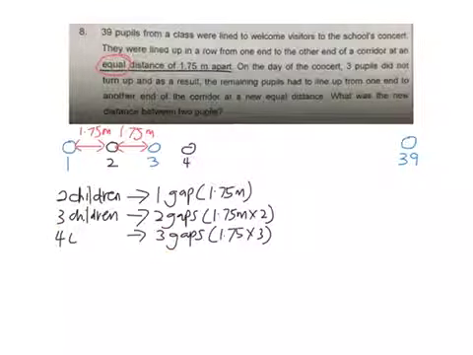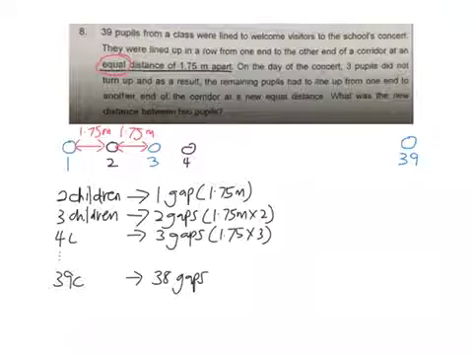What if I have 39 children? How many gaps would there be? I hope you got 38 gaps. And to find the distance for 38 gaps, it would be 1.75 meters times 38.